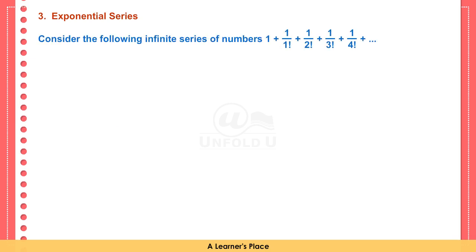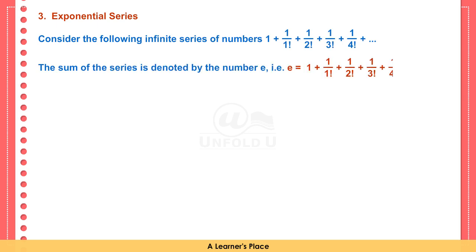The next series in the discussion of special series is the exponential series. Consider the following infinite series of numbers. The sum of the series is denoted by the number e.